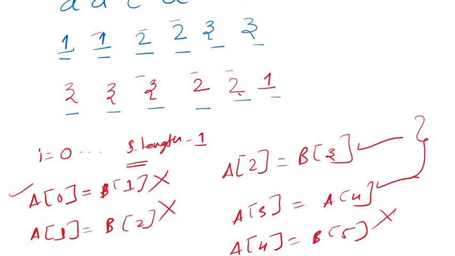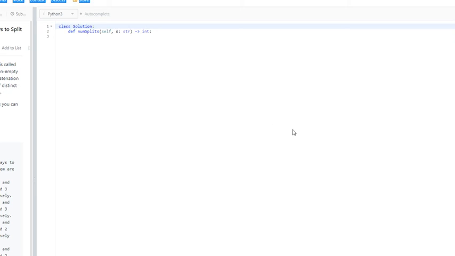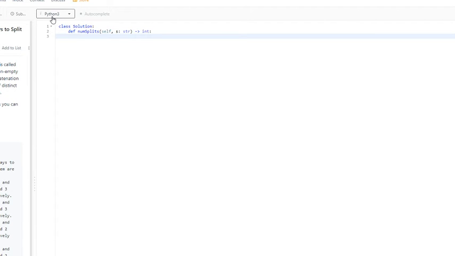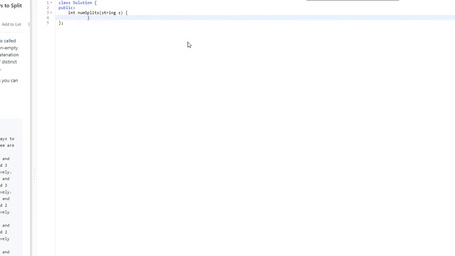So you have to compute A and B and loop through it, and once you do it, you will have a solution. So let's get into code and see how you code this question. First we need to calculate arrays A and B. If we calculate that, then the solution is quite easy.